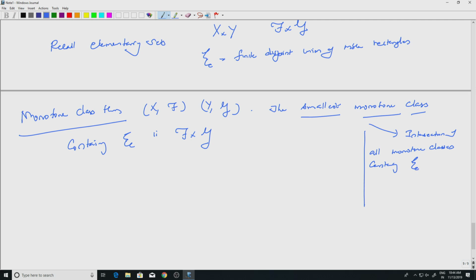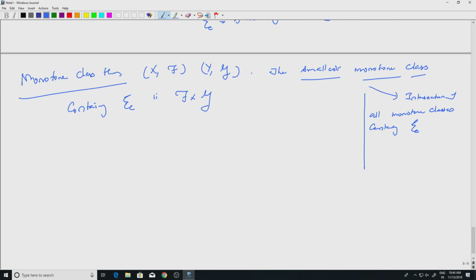Just like the sigma algebra generated by script E, you can say the monotone class generated by script E. So this says if I look at script E, the collection of finite disjoint unions of measurable rectangles, and I look at the smallest monotone class, I will get everything in F cross G, that is the product sigma algebra. Okay. So we need a proof of this.